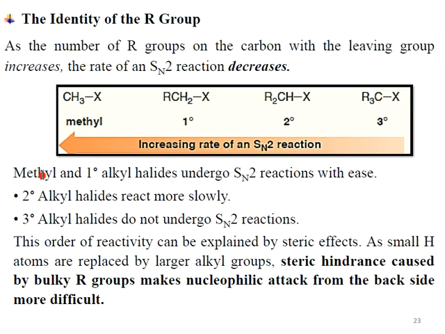And the methyl, this is the methyl here, easily undergoes the SN2 reaction. The primary is also easy to enter the SN2 reaction. The secondary alkyl halide is slower.